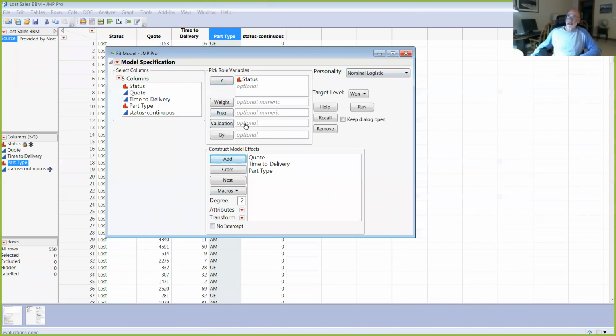If you have validation, you can put in that validation column. I'm going to leave validation out of it for now, but in fact, of course, you would normally want to include validation to see how good your model is and to help protect against overfitting.